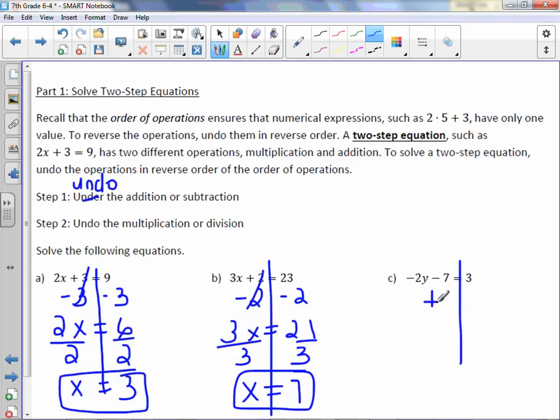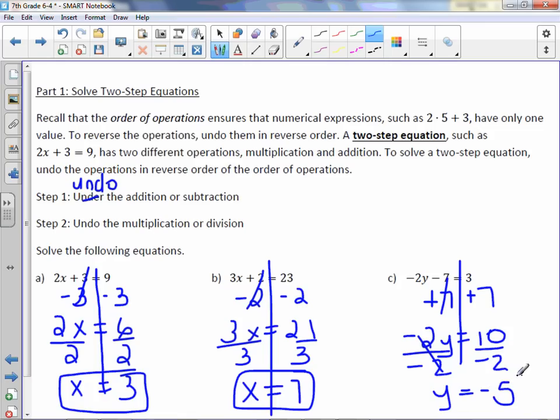To get rid of that, I need to add 7 to both sides. So the 7's cancel out on the left and leave me with negative 2y equals 10. Divide by negative 2, and we get y equals negative 5.